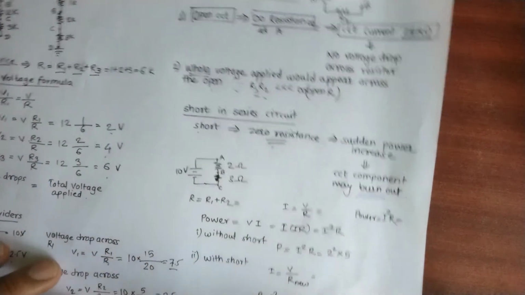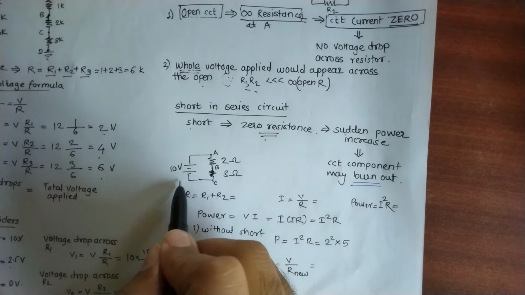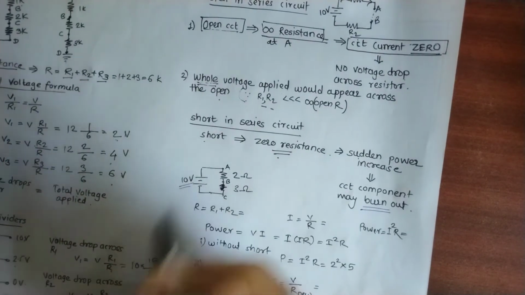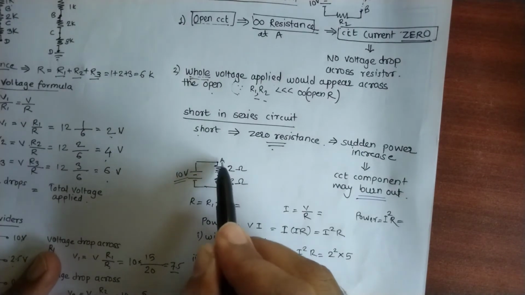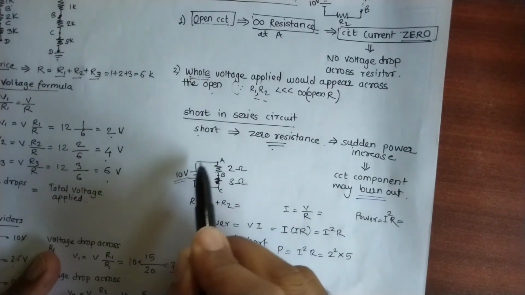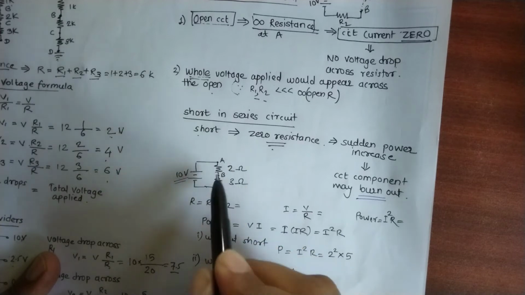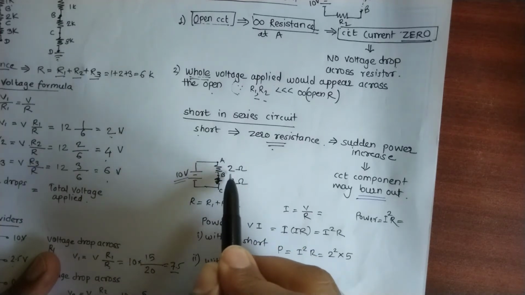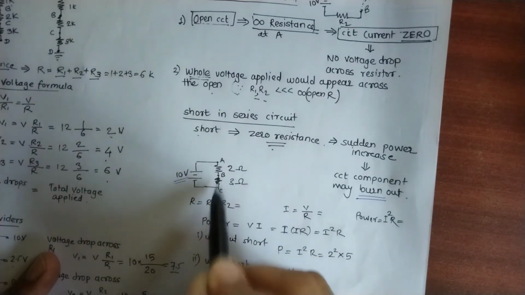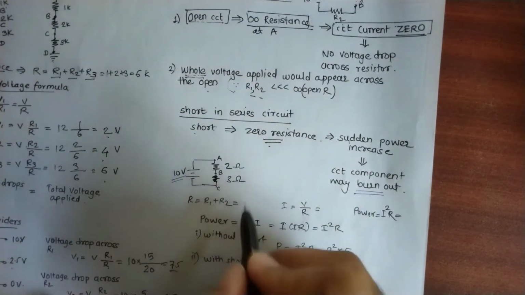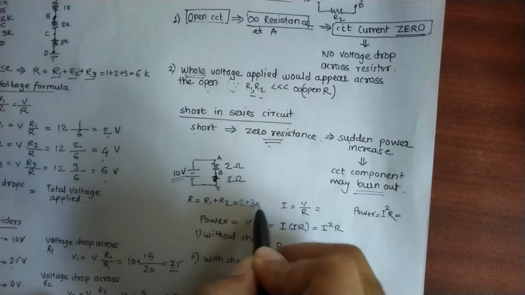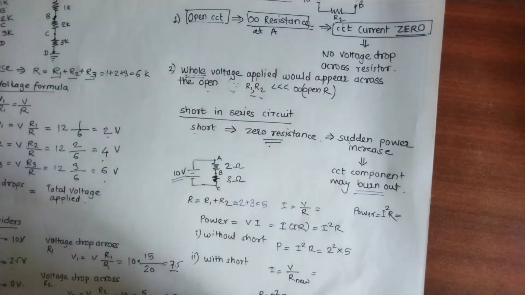Okay, so let's take a circuit. Here we are taking 10 volts applied in the circuit. The voltage is 10 volts and the resistors are 2 ohm and 3 ohm in series. What is the total resistance here? 2 plus 3, that is 5, right?